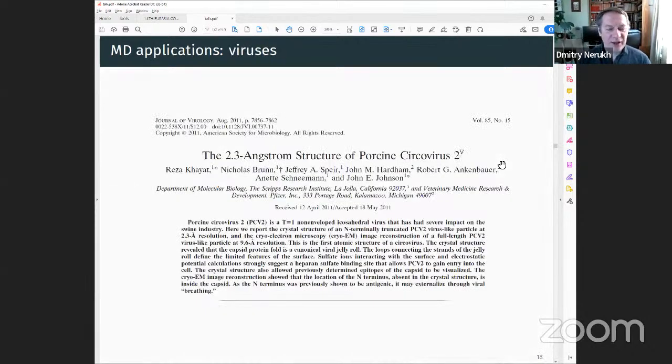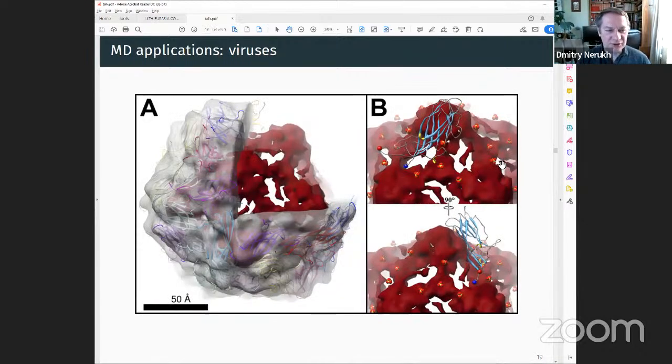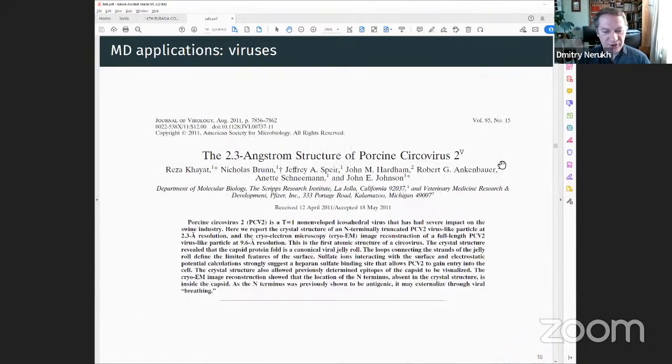Another application which we developed quite a lot is the simulation of complete viruses. This is an example of an experimentally measured structure of a small virus called PCV2. And this is the first example that was done in 2011 by Reza Hayat, with whom we collaborate actively up to this day.